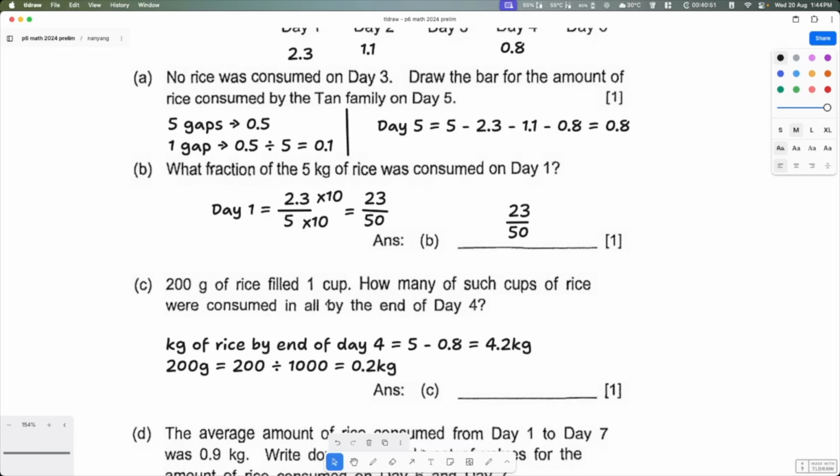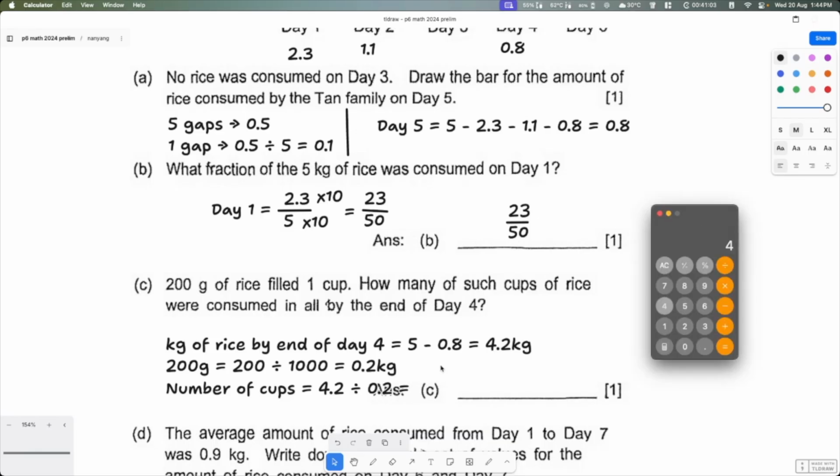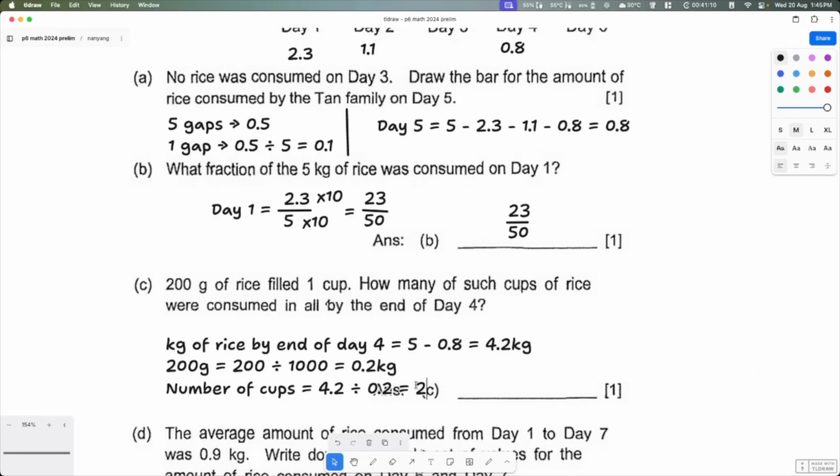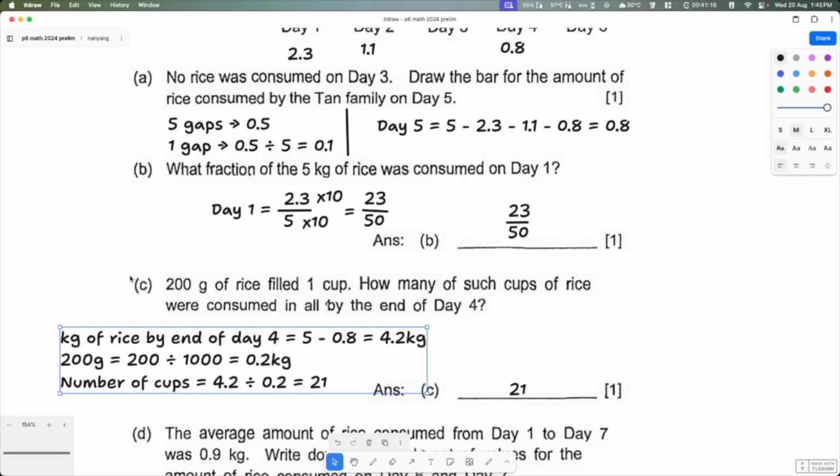So the number of cups is equal to 4.2 divided by 0.2, and this is 21 cups. So the answer is 21. There you go, that's the answer.